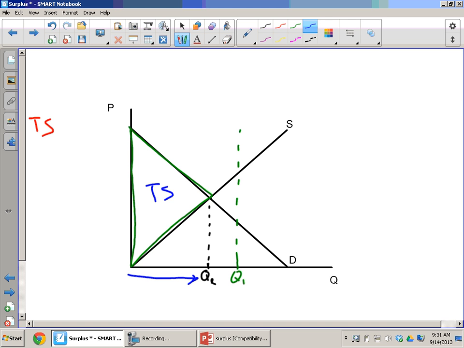And here's total surplus maximized in this case, producing at the market price and quantity. But for all of the units between QE and Q1, so these additional units here, the cost was greater than the value, meaning that we paid more for things than they were worth. And that has the effect of reducing total surplus.